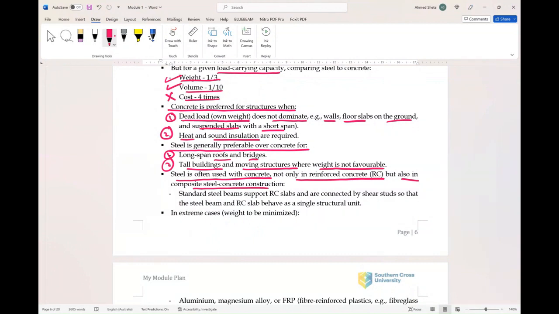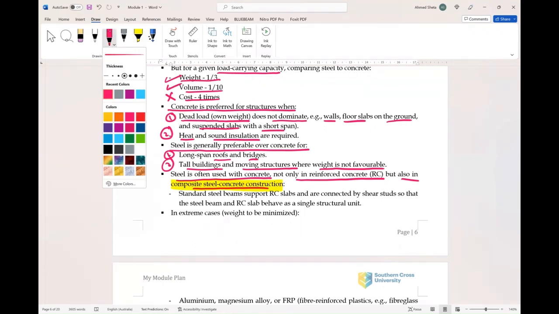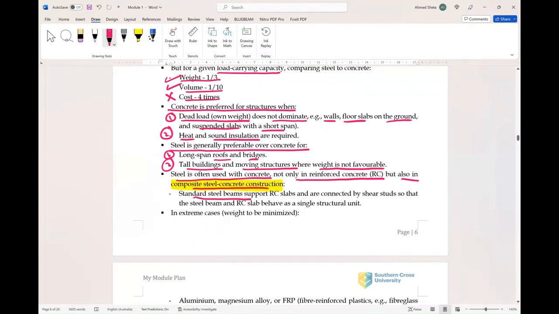What is composite steel construction? It is, for example, structural steel beams, like again I beam or C channels, the standard beams, connected by shear studs so that the steel beam and the RC slab behave as a single structural unit.